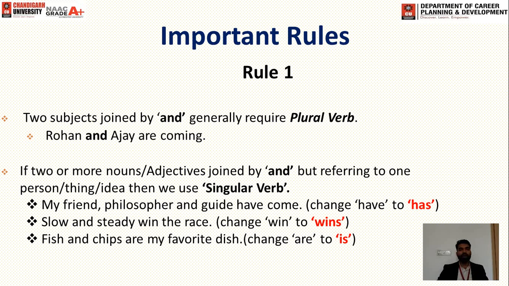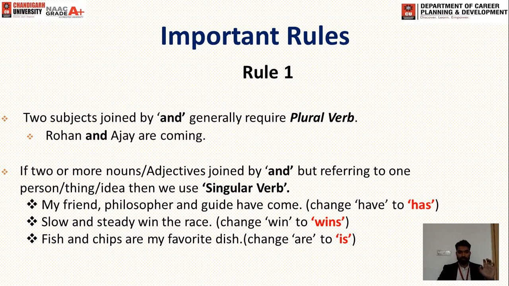If 2 or more nouns or adjectives are joined by and but refer to one person, thing, or idea, then we use a singular verb. See, you need to learn this basic thing: English is just a language, and we have a grammar, and we have a lot of exceptions in the grammar.